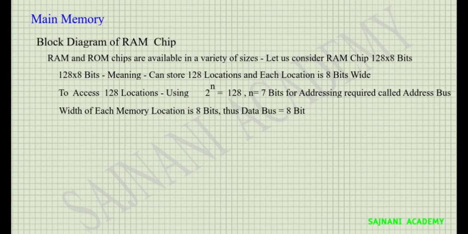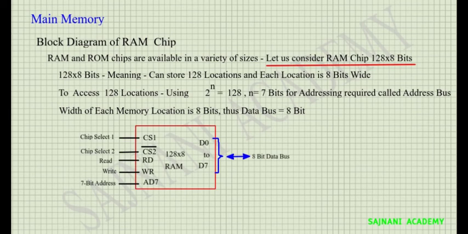The width of each memory location in this case is 8 bits because the width of the RAM IC is 8 bits. Thus, these 8 bits are called the data bus. So now, after seeing the capacity of the RAM IC, that is 128 by 8, we conclude two things: it has a data bus of 8 bits and it requires address lines of 7 bits.